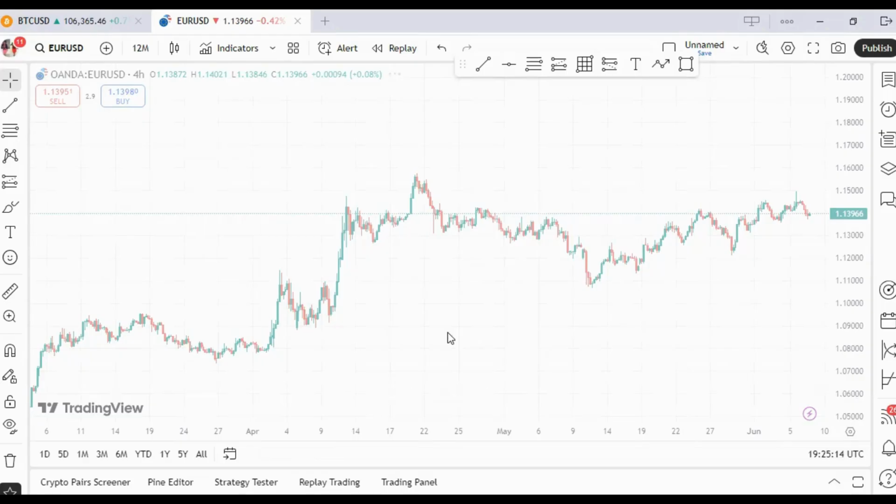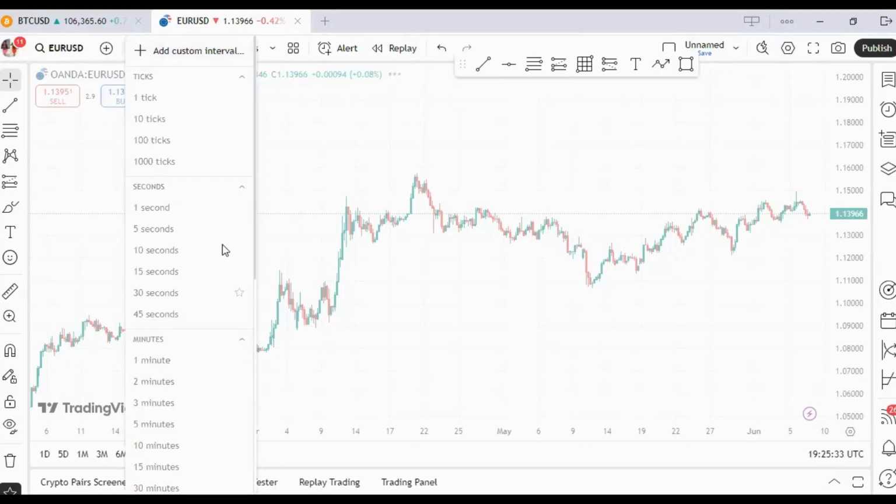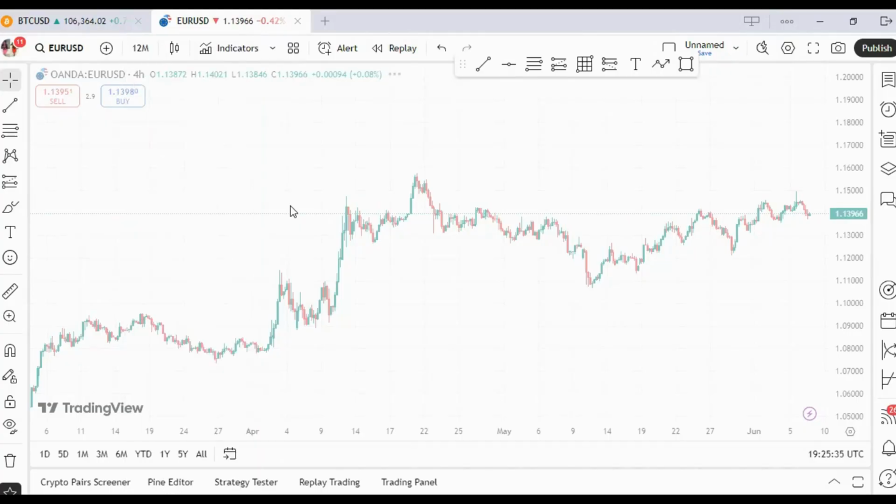Sorry, my network. My TradingView froze. Why would my TradingView freeze? Did my network glitch?